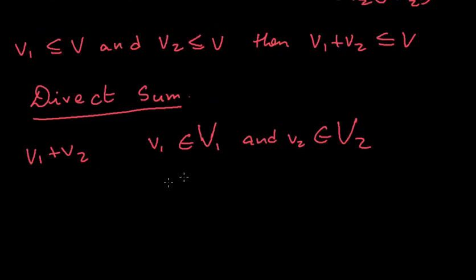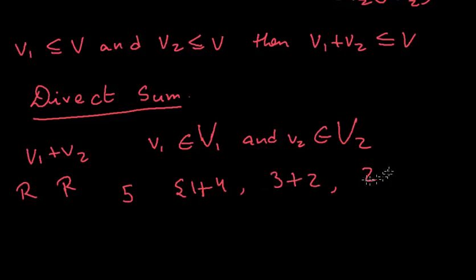And there could be many ways of writing this. Say V1 is also R and V2 is also R, and let's say we have an element 5. It could be written as 1 plus 4. It could be written as 3 plus 2. It could be written as 2 plus 3. There are many ways of writing those.